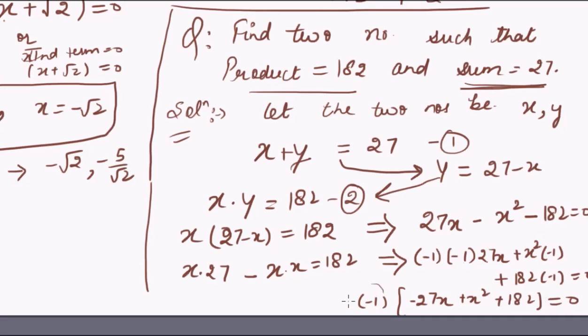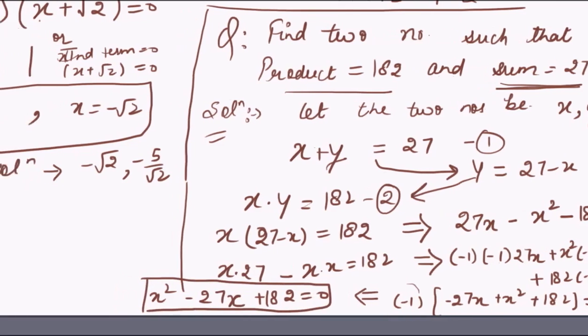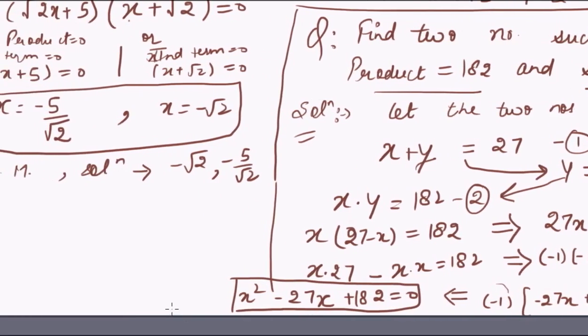Taking this -1 to the right hand side, 0 divided by any number will be 0. Thus we get x² - 27x + 182 = 0. So this is the quadratic equation. We can solve this by factorization method and we'll get the required numbers.